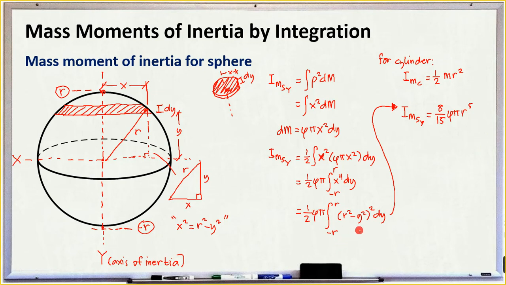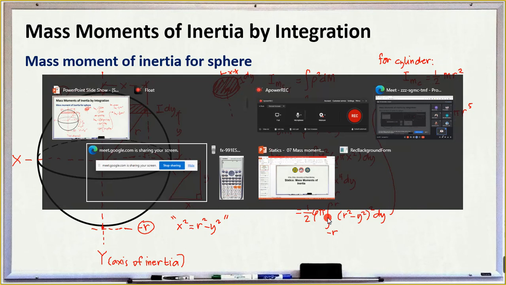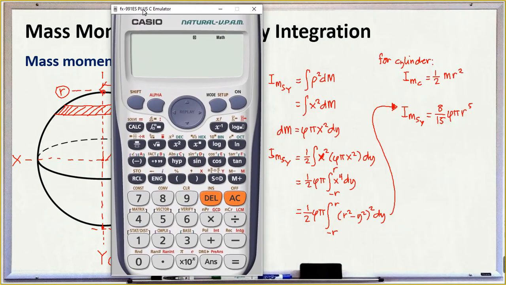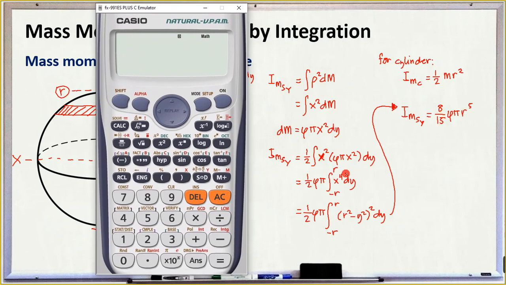Now, to prove that they are the same, we can also assign some values. For example, we're going to use our calculator. Let's assume that our r is equal to 1 unit and our density is also equal to 1 unit.